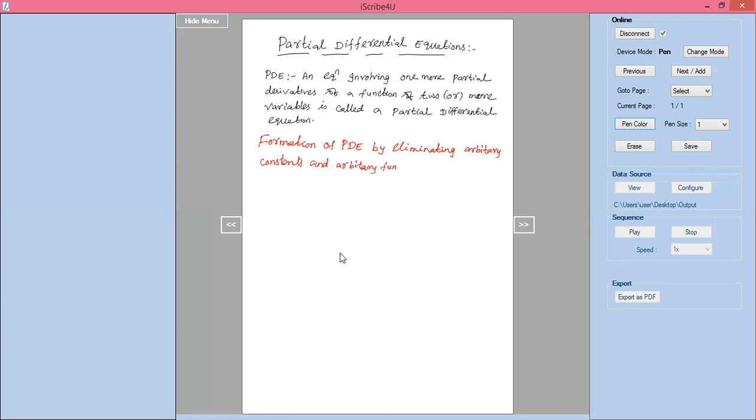But in today's class, we are going to see only arbitrary constants.